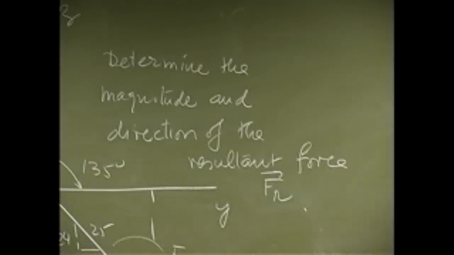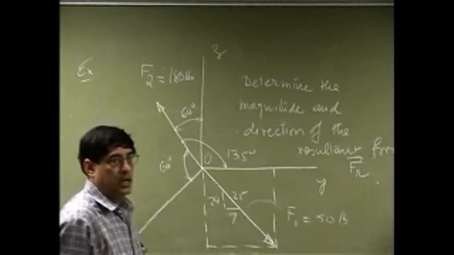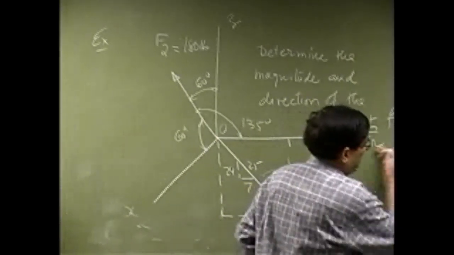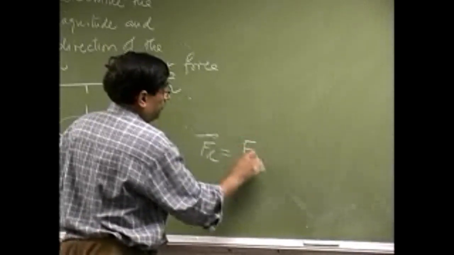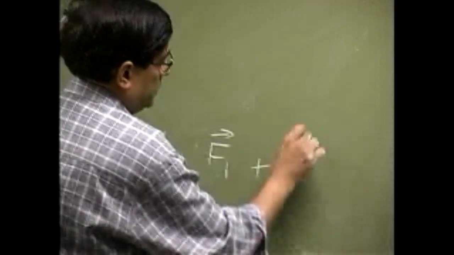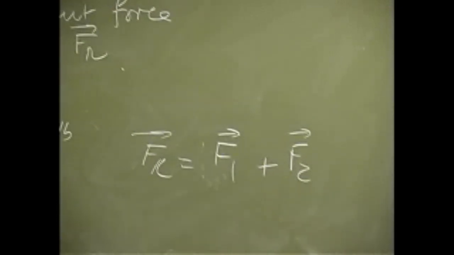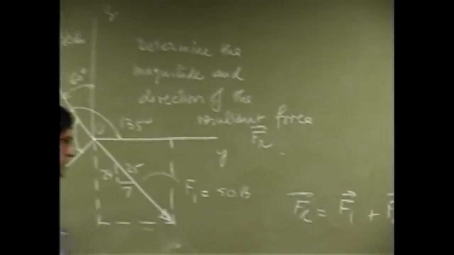So, looking at this problem, since there are only two forces acting at the point O, your equation will be Fr equals the first force vector plus the second force vector. You add the two force vectors, and that should give you the resultant.